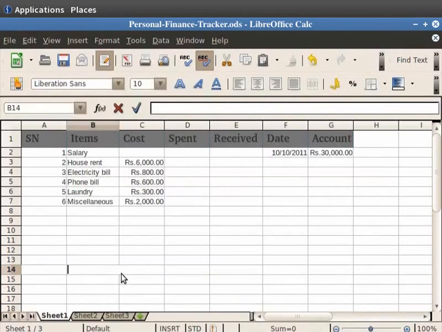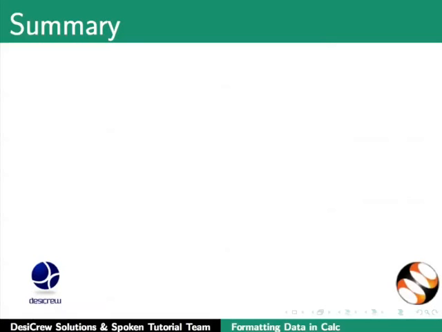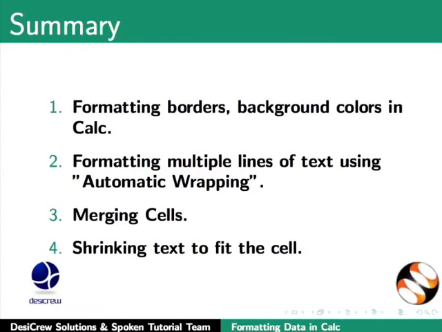This brings us to the end of the spoken tutorial on LibreOffice Calc. To summarize, we learnt about formatting borders, background colors in Calc, formatting multiple lines of text using automatic wrapping, merging cells, shrinking text to fit the cell.